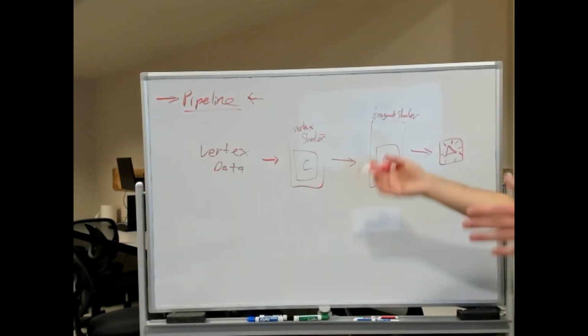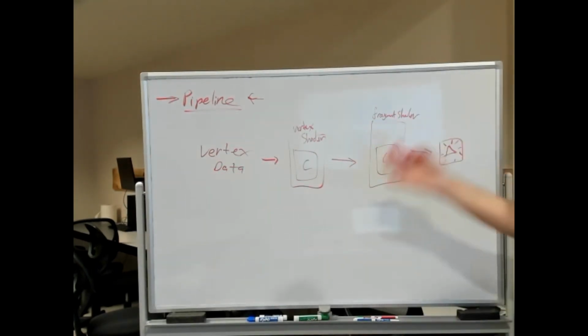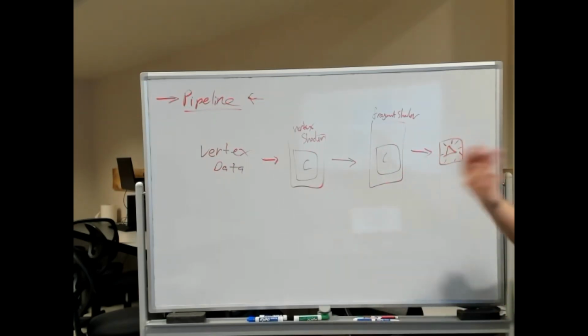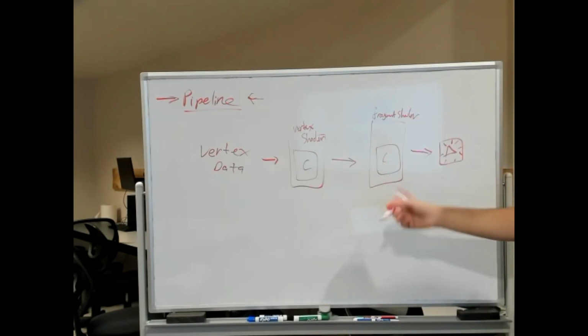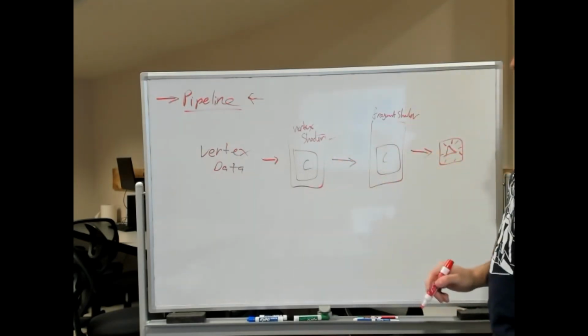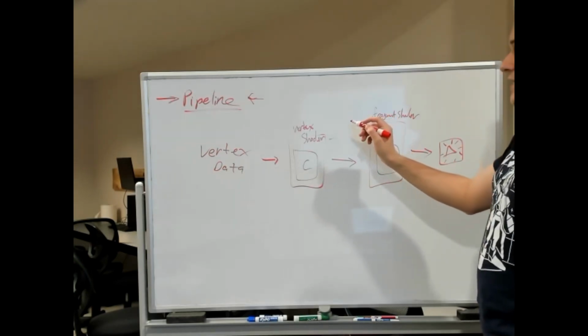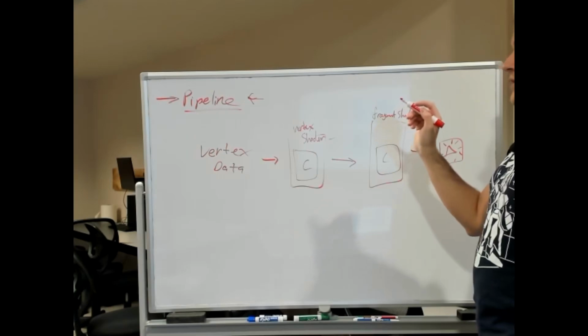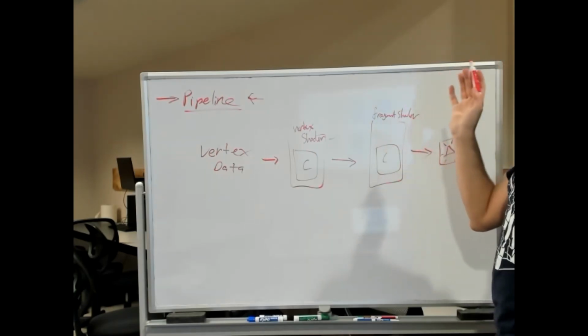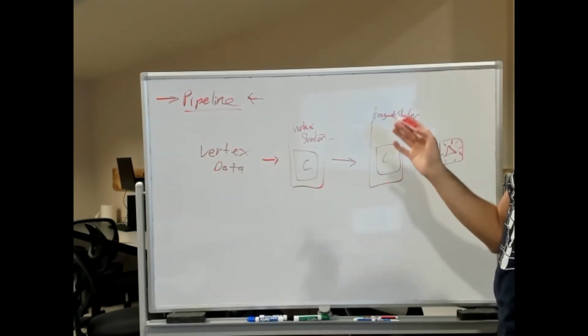Graphics rendering is done with a pipeline, and the OpenGL implementation of a pipeline, when you make your own pipeline to customize how you want your vertex data to be rendered, is called a program, and it's made up of these two. The names of these are based on what they spit out.